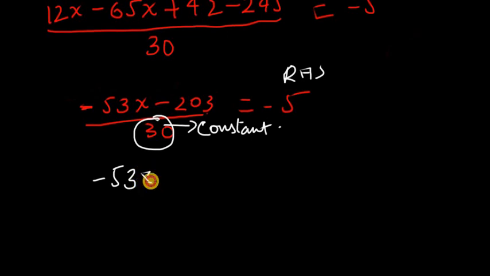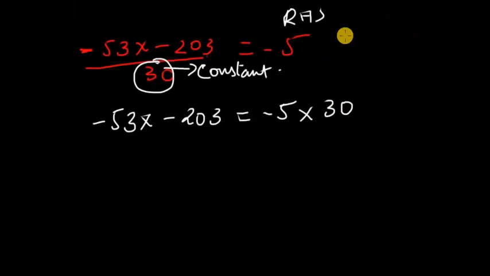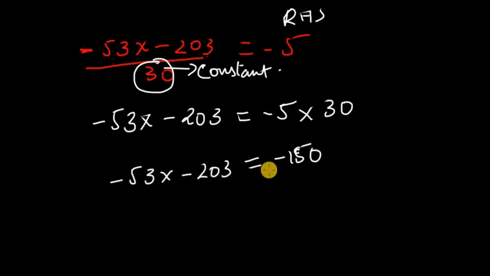So minus 53x minus 203 equals minus 5 into 30. Now minus 5 into 30, what is it? It is minus 150. So minus 53x minus 203 equals minus 150.